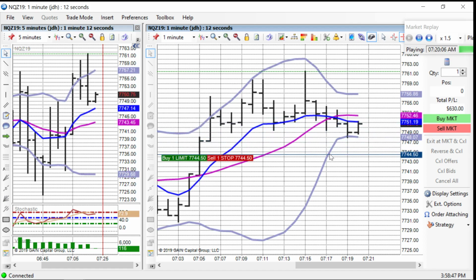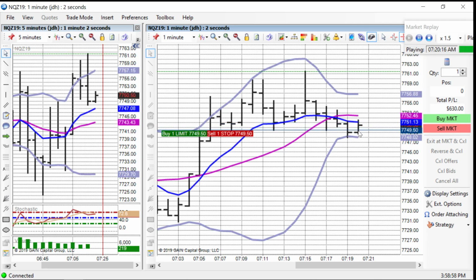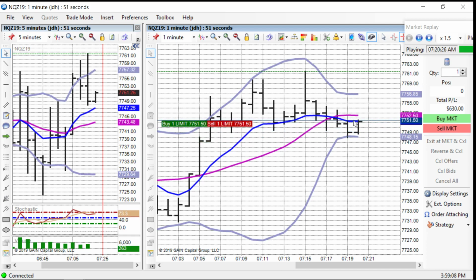So I'm now seeing this trading range form, and each side of the ADMA line gives you a good estimate when it's flat like this, what you can expect for your target. So 1, 2, 3 points is the distance between the ADMA line and the flat Bollinger Band.